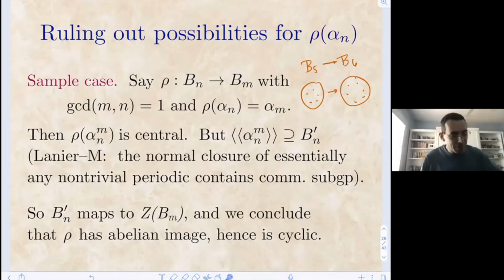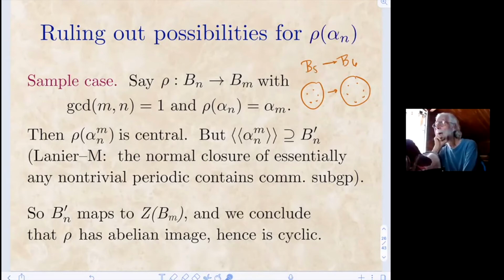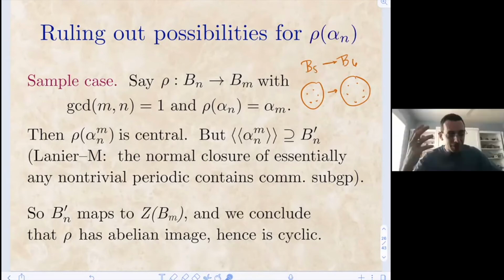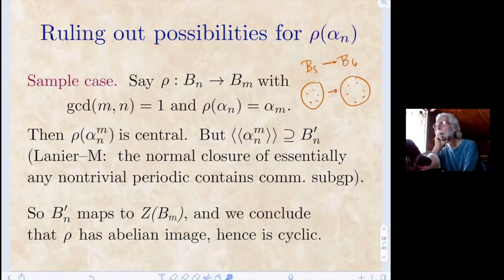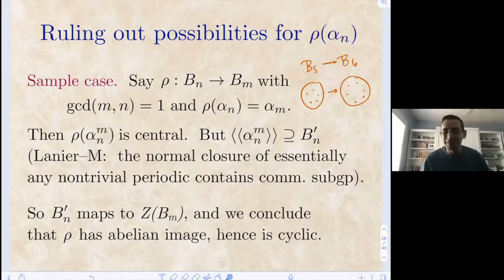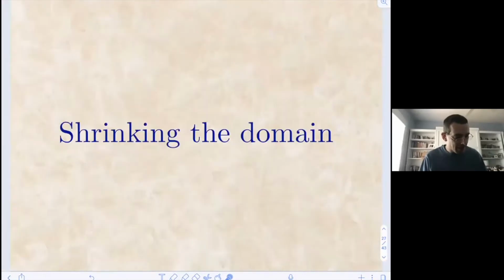But then the normal closure of this element, which is a twist by a single click, has to go to the normal closure of the center, which is the center. But the normal closure here is big, and the normal closure here is small. That's the idea. I know that's a lot of information on one slide, but maybe it gives some idea. Any questions? Okay, well, that's all I'm going to say about that one.